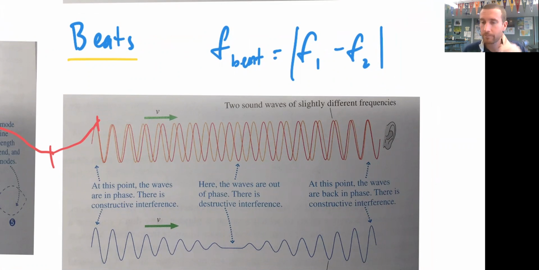So that would be a beat frequency of 2 hertz. To find the beat frequency, you can take the 2 frequencies that you're playing, subtract them from each other, and take the absolute value of that. That's how many beats per second you'll hear. So frequency 1 minus frequency 2, and that gives you your beat frequency.